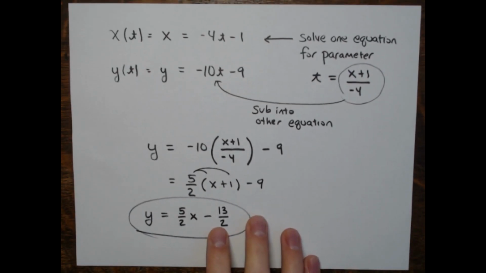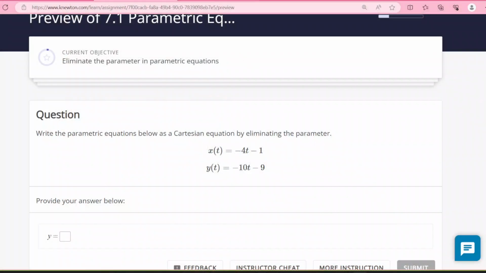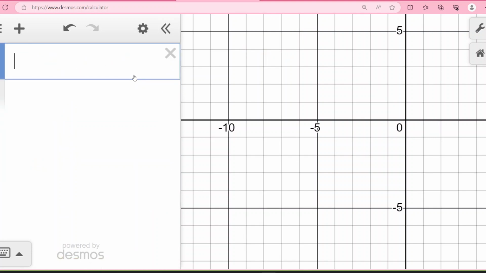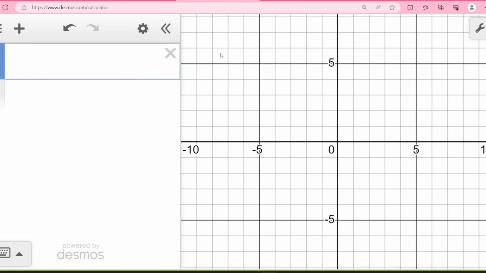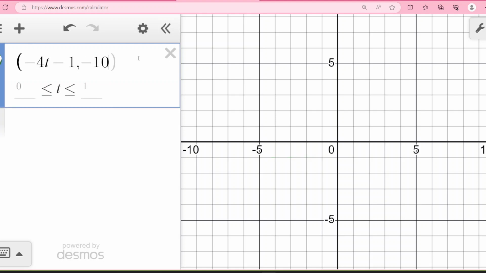And once again, we can test this out with Desmos. Let's get rid of all this stuff from the last problem. So if I put in my parametric equations, the x coordinate was -4t minus 1, comma, y coordinate -10t minus 9.